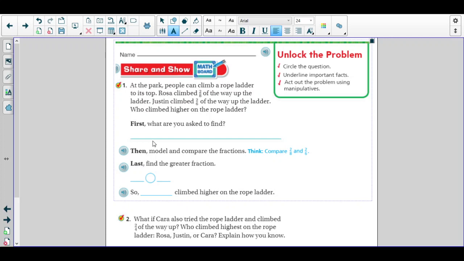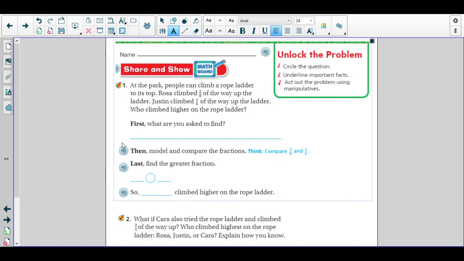At the park, people can climb a rope ladder to its top. Rosa climbed 2/8 of the way up the ladder. Justin climbed 2/6 of the way up the ladder. Who climbed higher on the rope ladder?